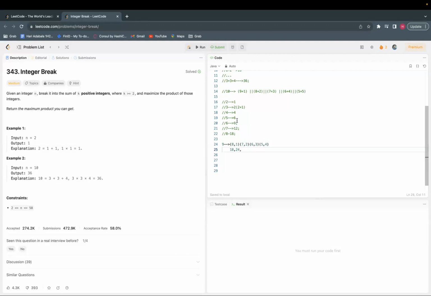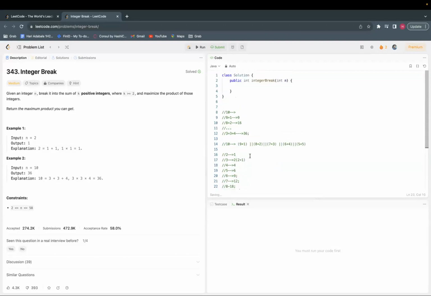For 6 it is 9, 9 star 3 is 27. And for 5 it is 6, 6 star 4 is 24. So for 9 it is 27. I hope you understand. This is a typical DP problem, so let's go ahead and code this.